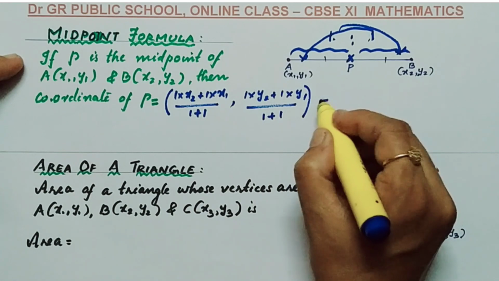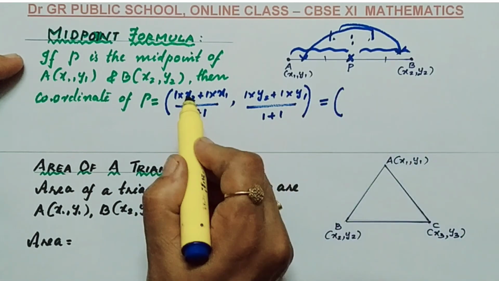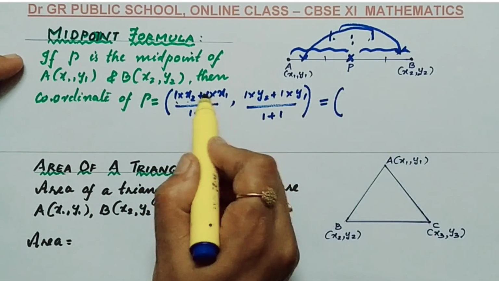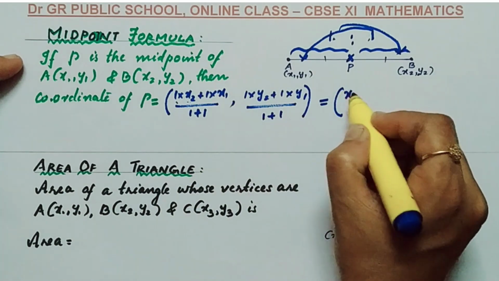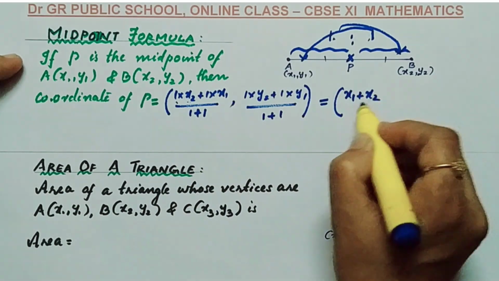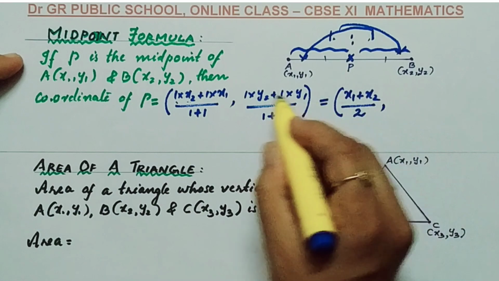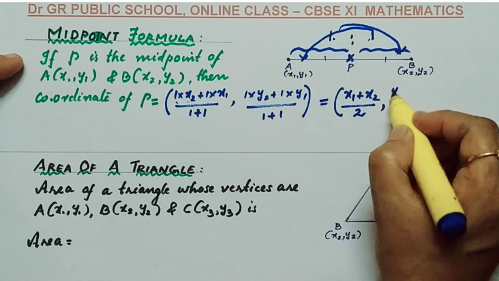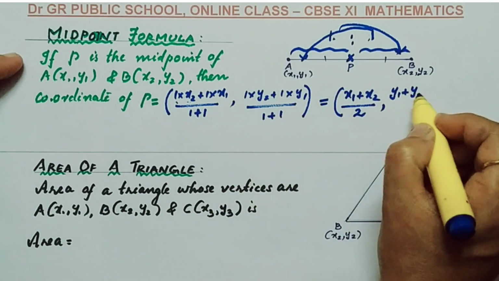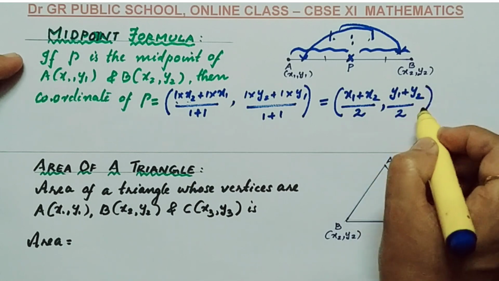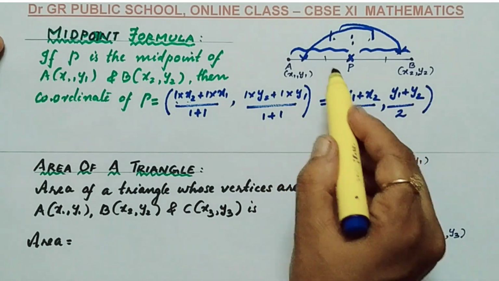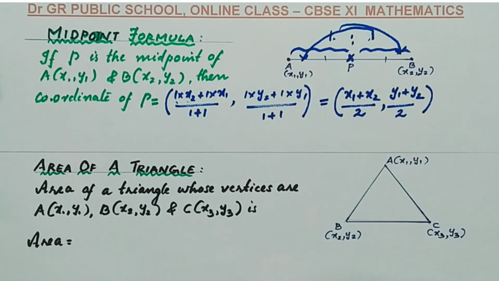So, the midpoint formula states that it is x1 plus x2 divided by 2 and y1 plus y2 by 2. This is the formula to find the midpoint of a line segment joining the points A and B.